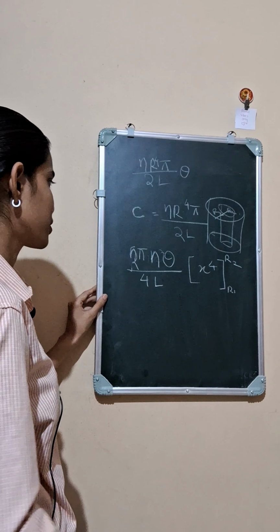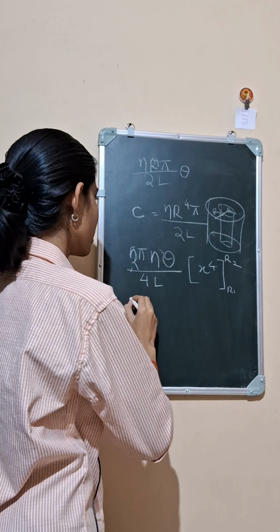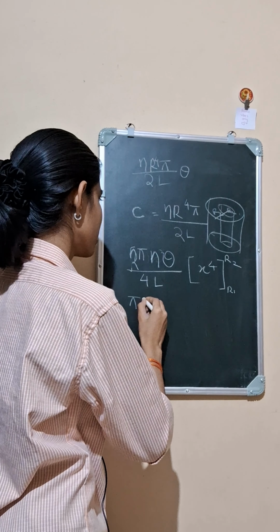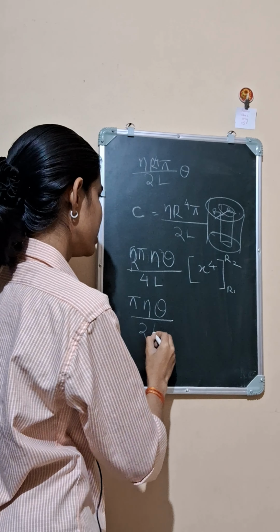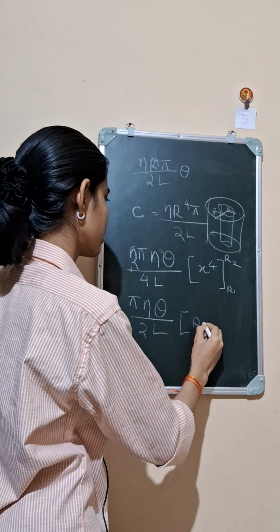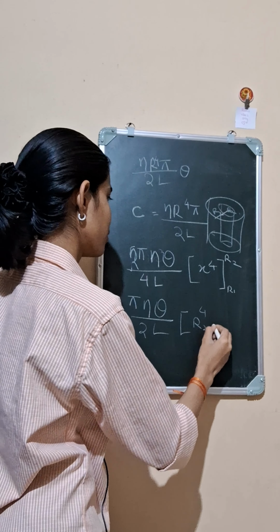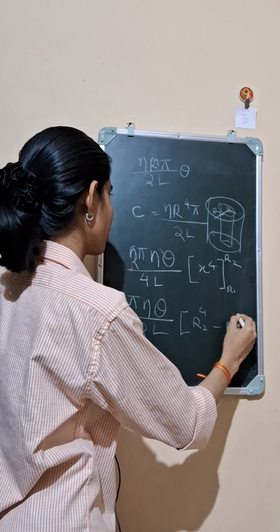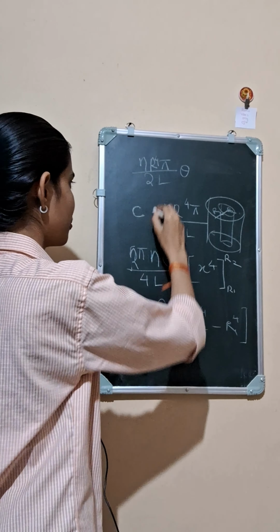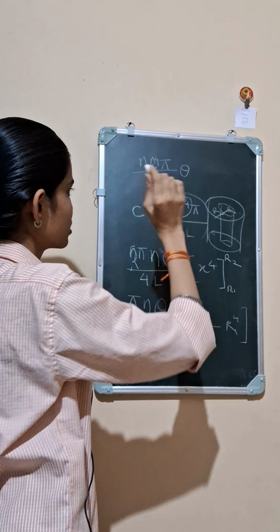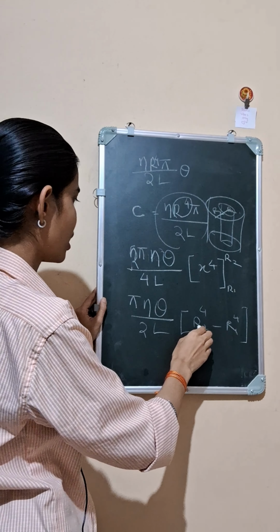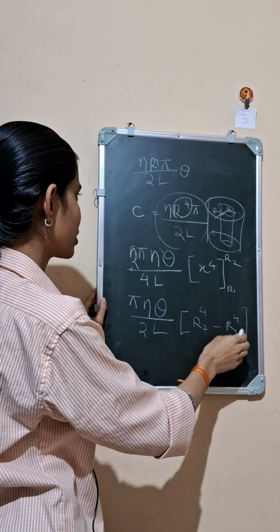Then I can simply put this limit and I will get pi eta theta by 2l into r2 to the power 4 minus r1 to the power 4. If you remember this, you can just substitute r to the power 4 with r2 to the power 4 minus r1 to the power 4.